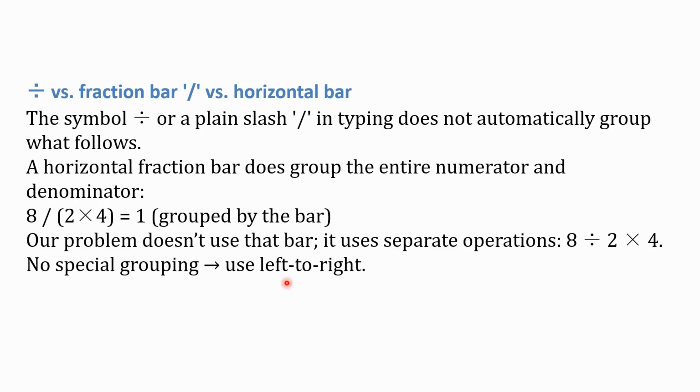Our problem as written, with using the obelus, does not use the horizontal fraction bar. It uses the obelus, 8 divided by 2 times 4. So there's no special grouping here. This division is solved first. 8 divided by 2 is solved first.